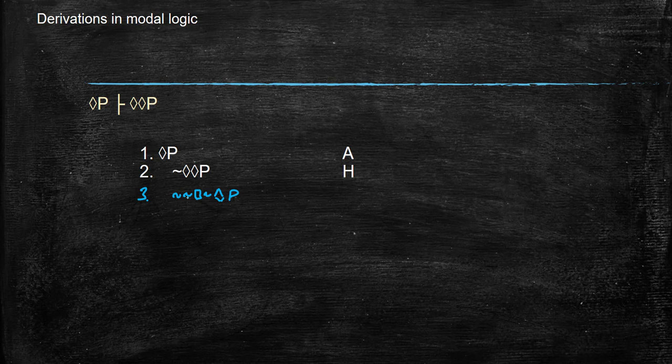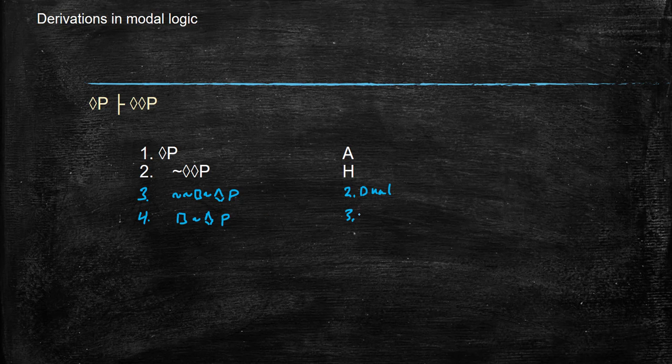We're substituting not necessarily not for the first possible, for the first diamond. Sorry, I said the N rule, but it's really dual, right? 2 dual. And then just double negation will give us it's not necessarily not possible that P.